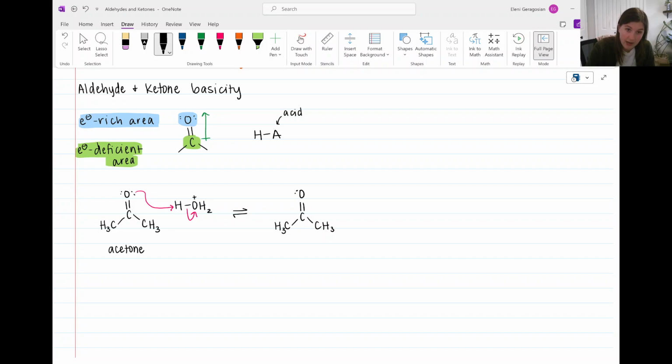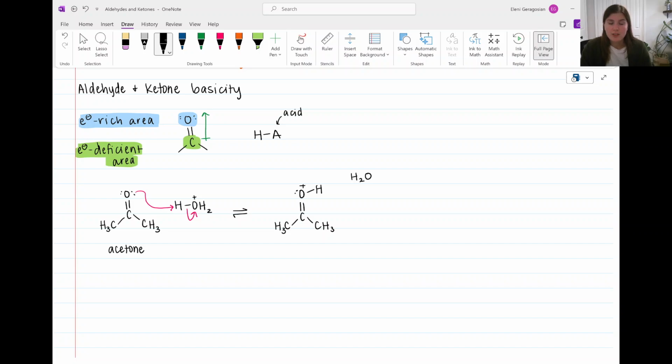One set of the oxygen lone pairs is now present in the bond to the hydrogen. It now has a +1 formal charge, and we have our H2O as a byproduct. Now, when we form this product, we have a protonated oxygen, positively charged oxygen.